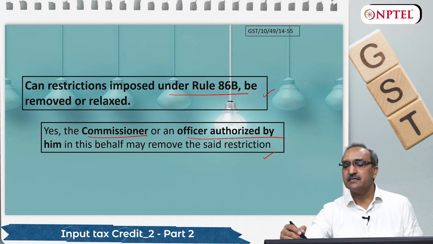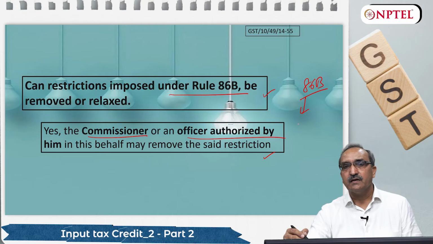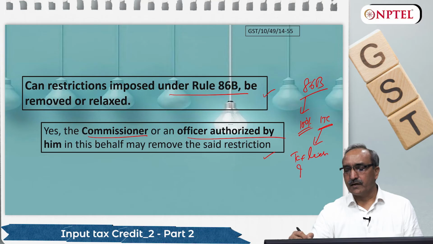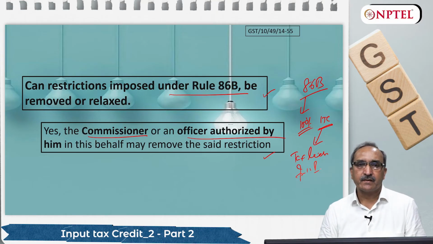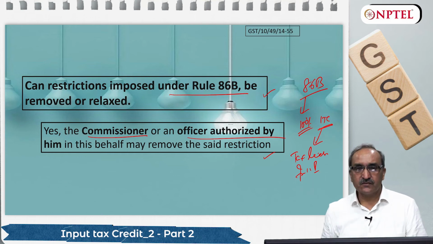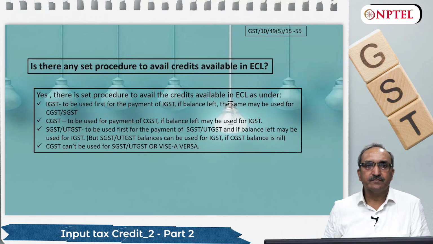In this case, if relaxation is given, then this person will be in a position to use 100% of the ITC available to him to meet his tax liability for that particular period. So relaxation can be there, provided the commissioner is satisfied with the plea.